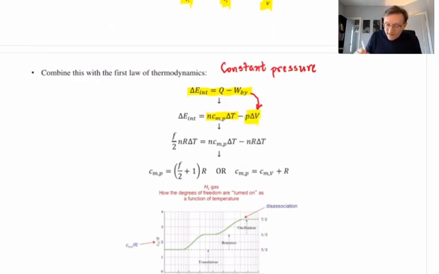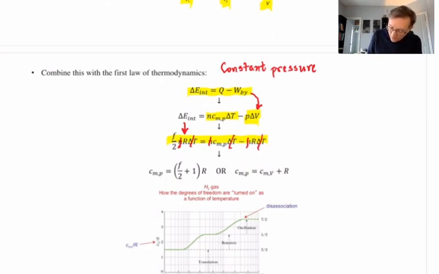Next step, use the equipartition theorem and replace delta E internal with F over 2, little n, R delta T. Then we have, from the first law of thermodynamics, that relationship. It looks a bit messy, but divide both sides by n, since there's an n in every term, and divide both sides by delta T, since there's a delta T in every term.